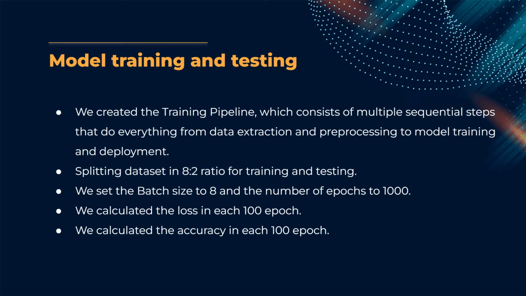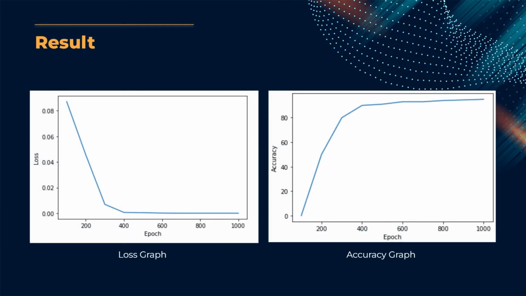We calculated the loss and the accuracy every 100 epochs. In the first figure, we can see that at the first iteration, the loss was 1.1089. After our training concluded, our loss was effectively reduced to 0.00007. Again, in the second figure, we can see the accuracy also increased to 95%.